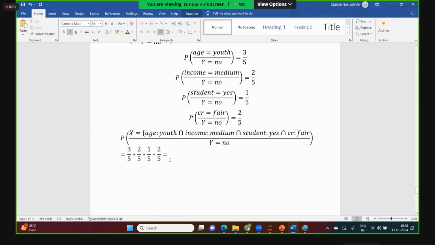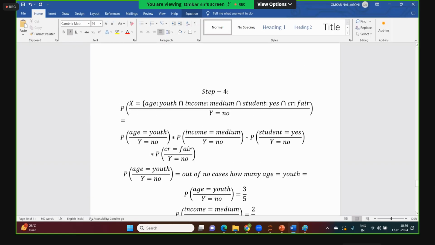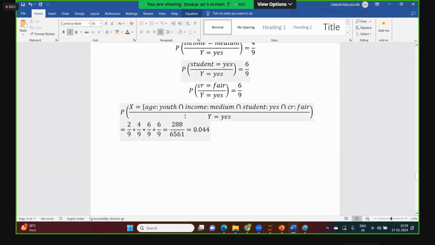And this case, 12 by 625. What is the answer? 0.019. So this answer is 0.044.